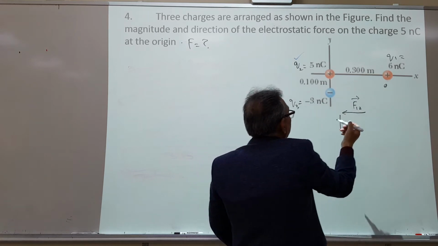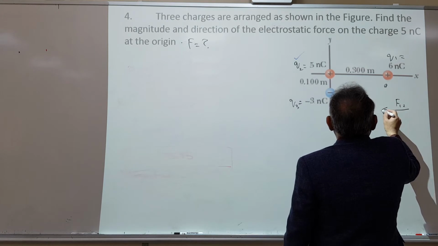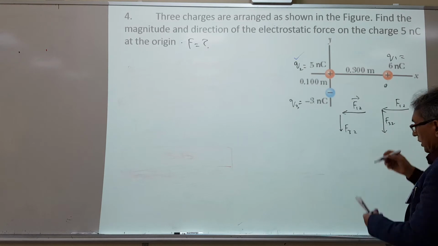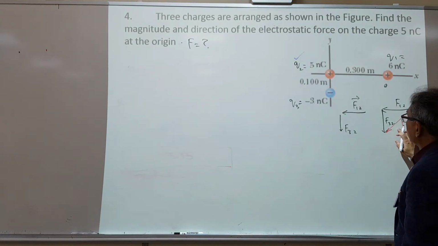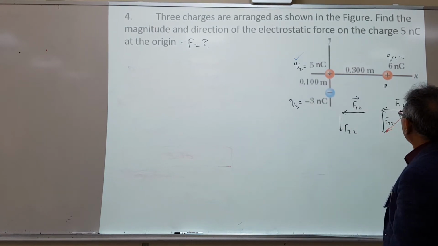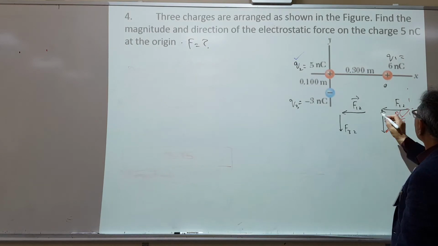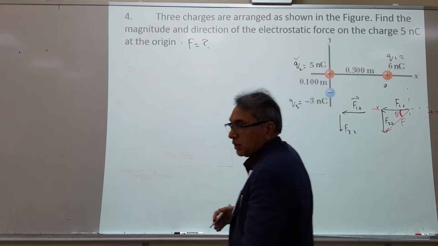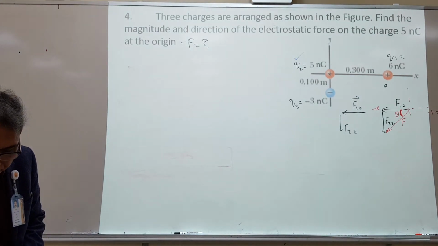So if we use the head to tail rule, this is F12, bring the beginning here of the second vector. This will be your resultant direction. This is the resultant. And this will be the angle theta, which is below. This is positive x-axis, this is negative x-axis. So the theta angle is below the negative x-axis. We will discuss the direction later.